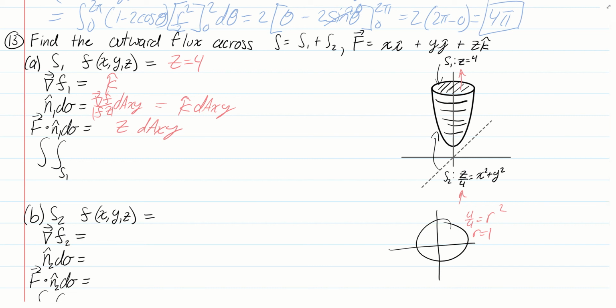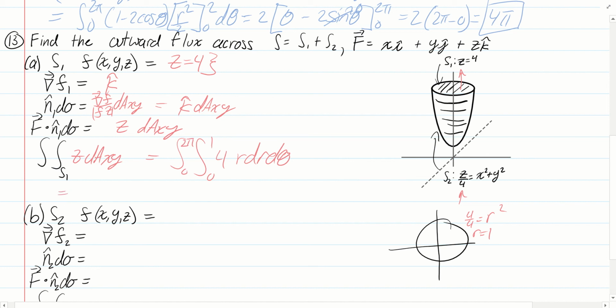So we have the double integral of z dAxy, which then becomes, and again, we can have z here, but we know that z equals 4. So this becomes a double integral of 4 r dr d theta, and then r is from 0 to 1, and then theta is from 0 to 2 pi.